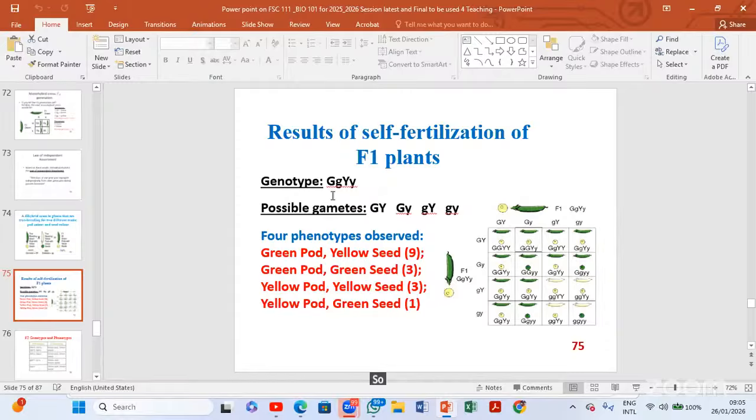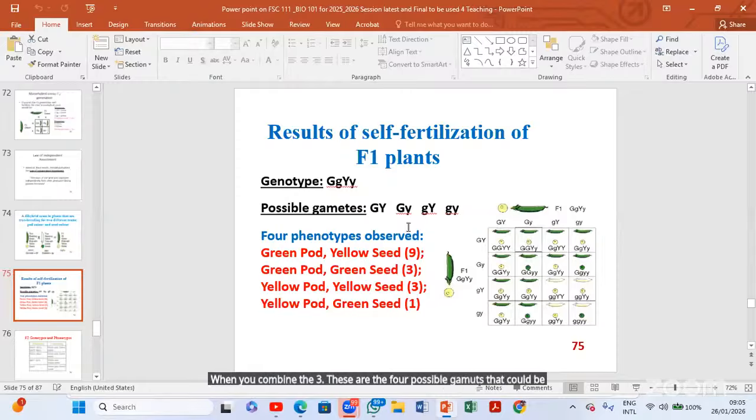So you can have in one gamete, capital G with capital Y. In another gamete, we can have capital G, small y. In another one, we can have small g, capital Y. And the last possible one is small g, small y. When you combine the two alleles, these are the 4 possible gametes that could be produced.